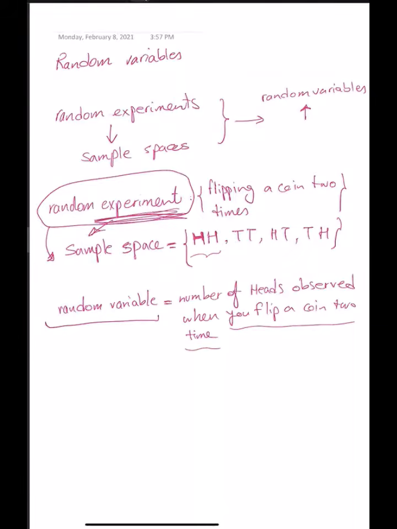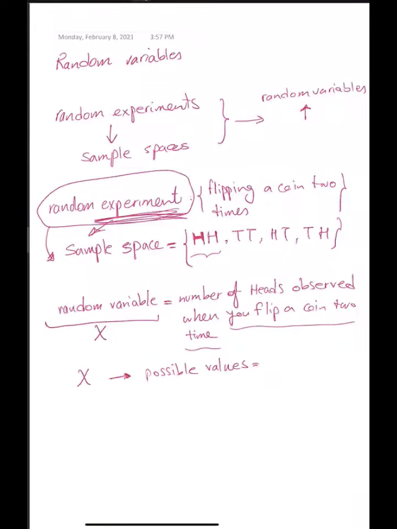I'm also going to show this random variable with some notation. I'm going to show it with x, okay? So can you tell me for this random variable x that shows number of heads observed when you flip a coin 2 times, what are the possible values? 0, 1, and 2.